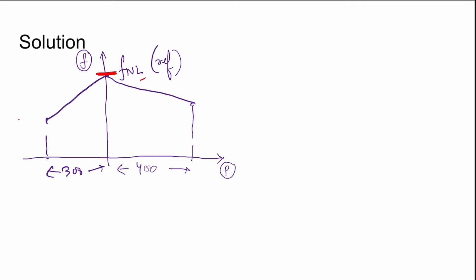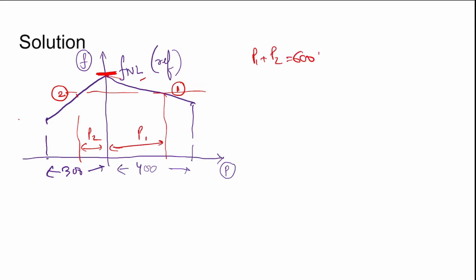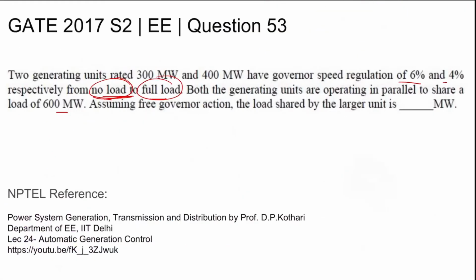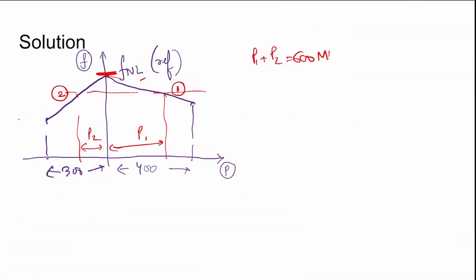This is the higher rating machine, which has more capability to generate power at full load. So this is machine 1 and this is machine 2. Now they have to share a total load of 600. So I can say this is P2, this is P1, and P1 plus P2 is 600 megawatts.